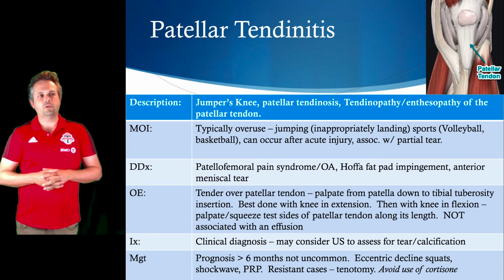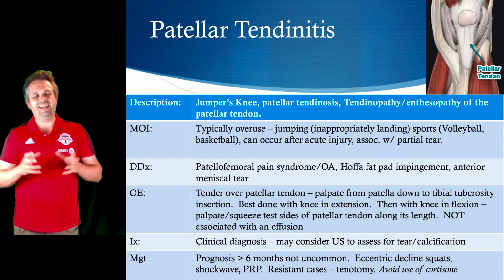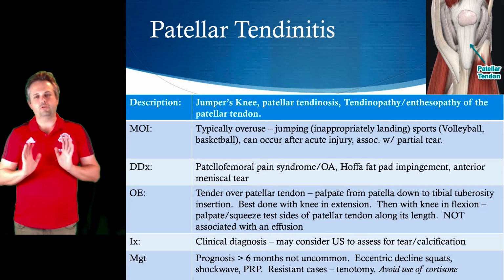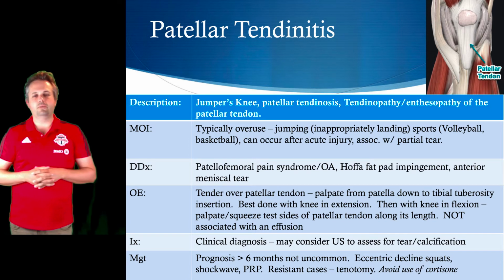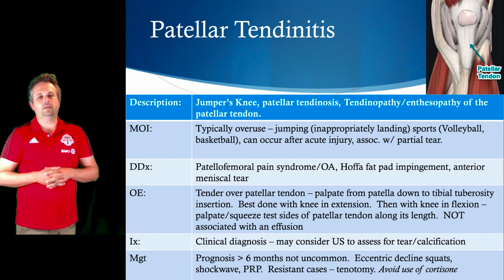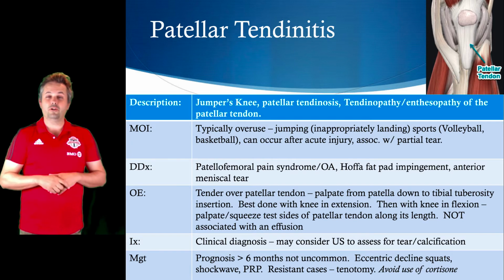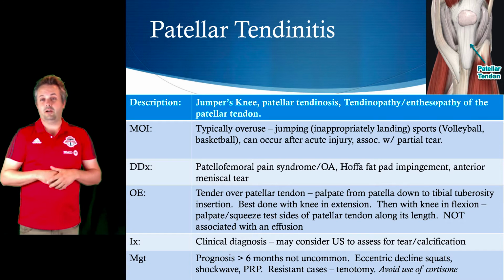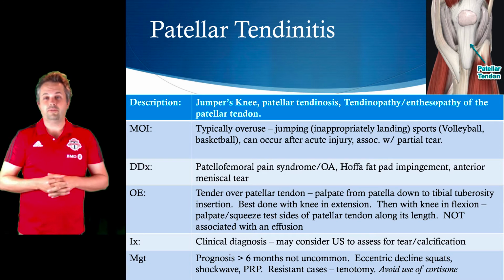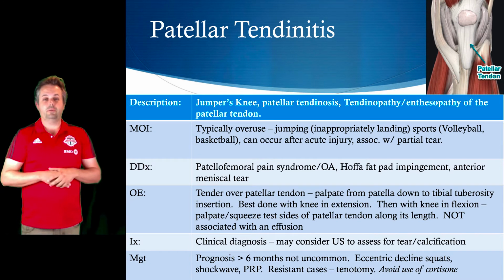It's typically as a result of the landing mechanism from jumping as opposed to the jumping itself, but this obviously occurs in jumping sports such as volleyball and basketball most commonly, and it can be associated with a partial tear. Obviously, the differential, once again, from an anterior knee pain are all those structures at the front of the knee, including the fat pad, anterior knee pain or patellofemoral pain syndrome, and anterior meniscal tears.